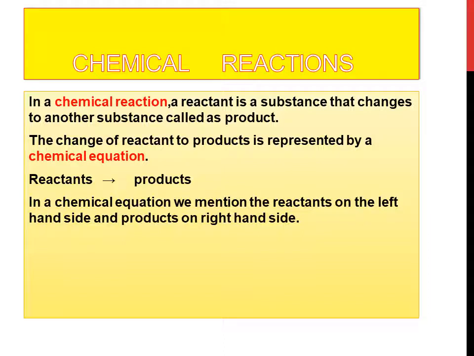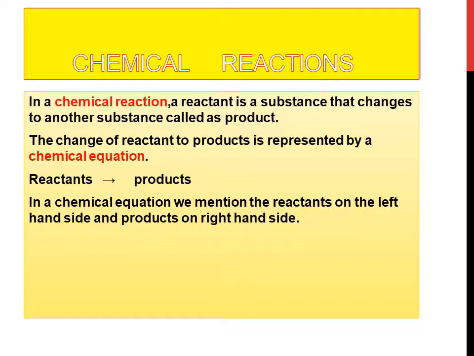So when one substance changes to another substance, we say that it is transformed. In fact, we can say that a chemical change or the chemical reaction has taken place.